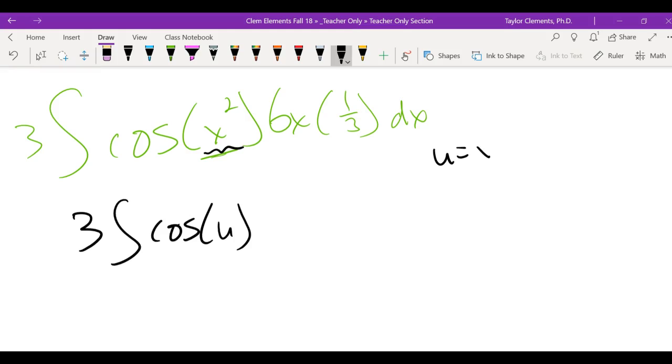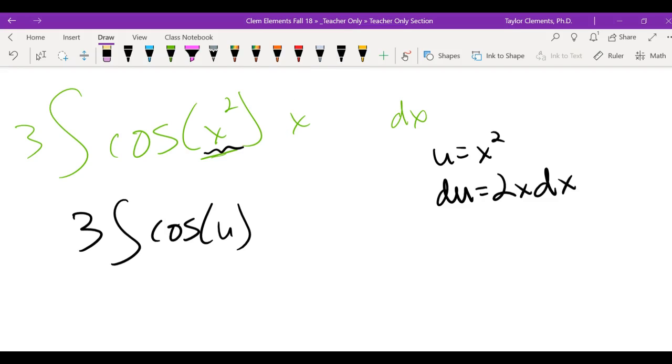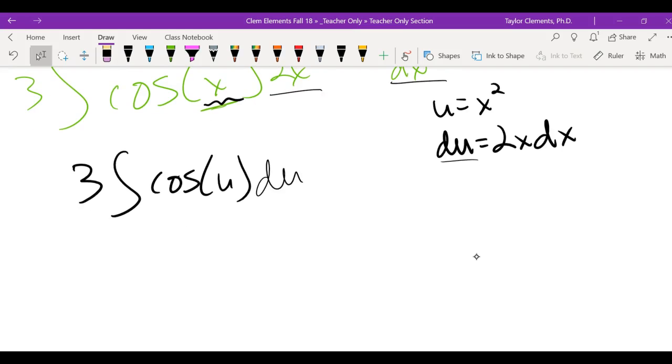In this case, x squared. So du equals 2x dx. So after I made this 1/3 thing, 1/3 times 6, that is just 2. So now I can see there that I do have 2x dx. That's my du.